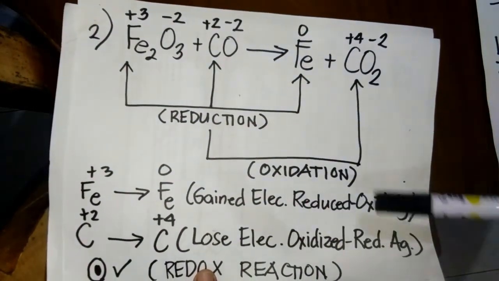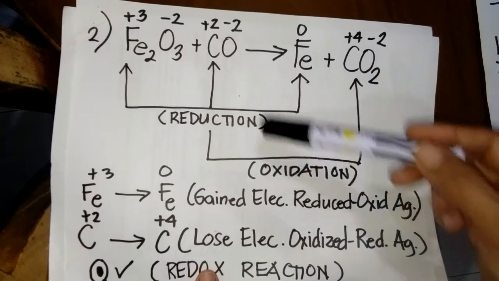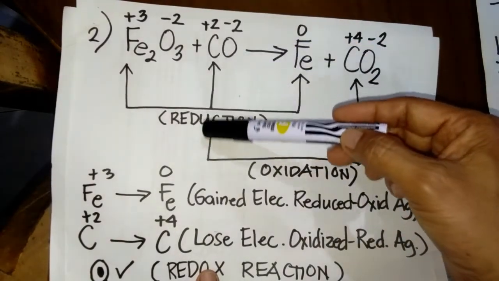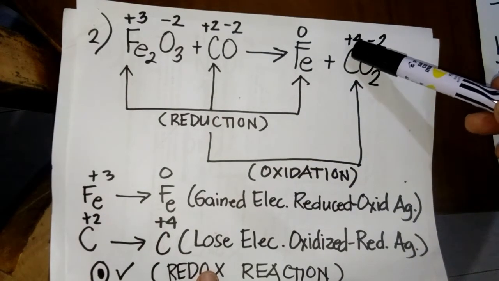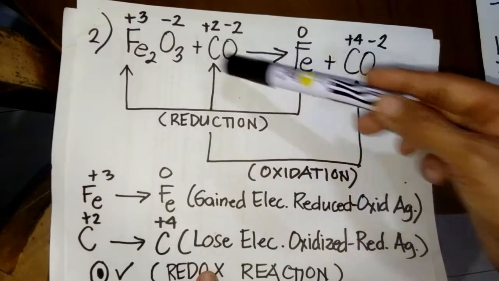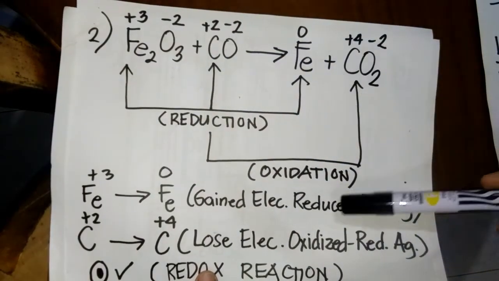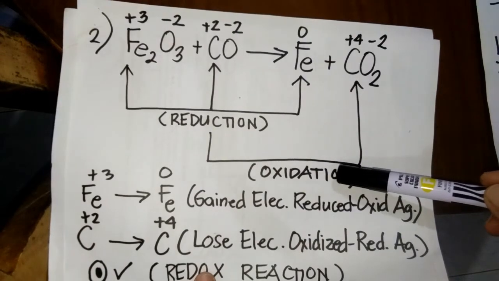The reducing agent should be the one that is oxidized. So from positive 2, we have the carbon and another carbon in the product side. It becomes positive 4. So it becomes more positive from positive 2 to positive 4. So it is called oxidation, just like I said earlier in the non-example.